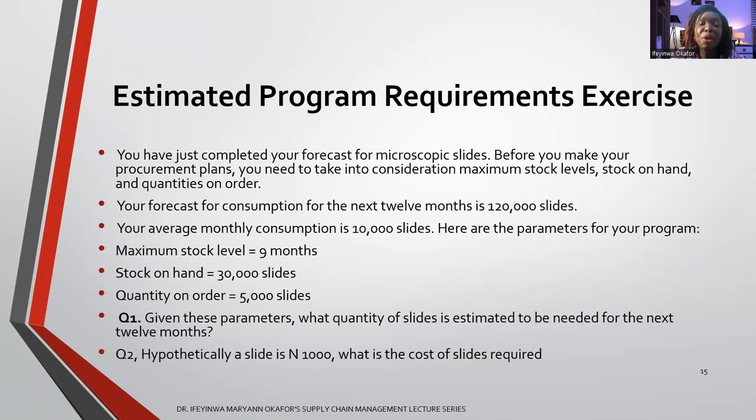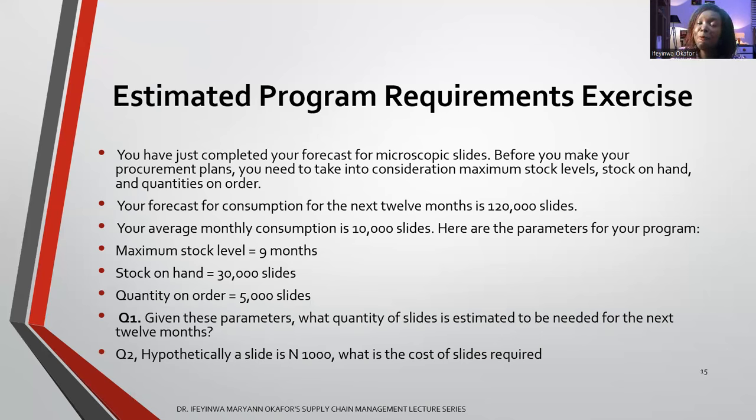And it says, you have just completed your forecast for microscopic slides. Before you make your procurement plans, you need to take into consideration maximum stock levels, stock on hand, and quantities on order. Your forecast for consumption for the next 12 months is 120,000 slides.